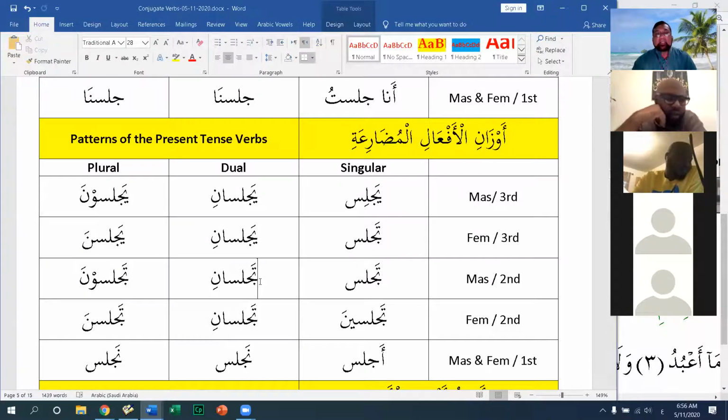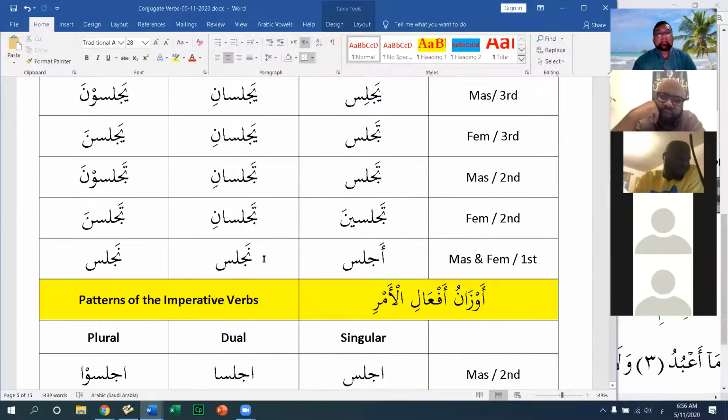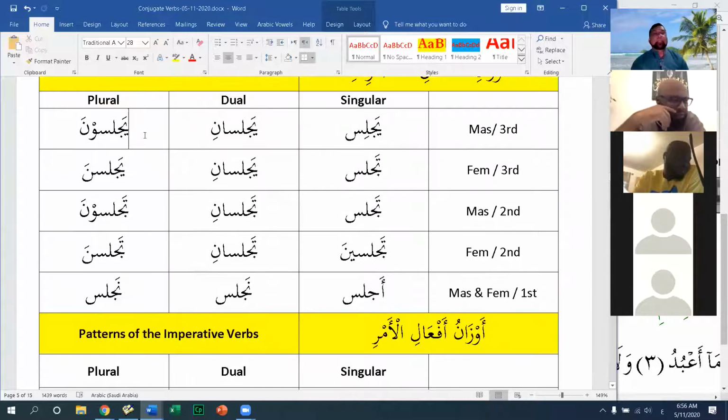Antuma tajlisani. Antuma tajlisani. And then nahnu najlisu. Very good. Hum yajlisuna.